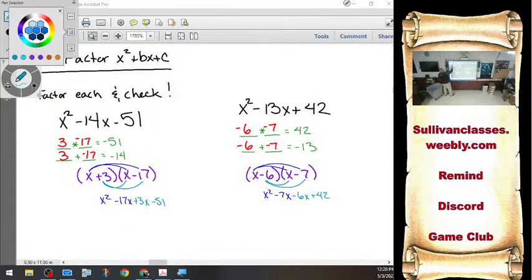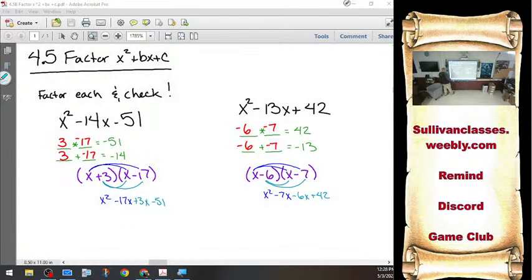And I just need to check, well, I got my x squared and I got my negative 51. I just need to check if this actually adds up to negative 14, and it does. I got my x squared, I got my 42. I just need to check if this makes negative 13, and it does. Okay, so the check doesn't have to be too crazy. Just quick distribution, make sure it actually works.